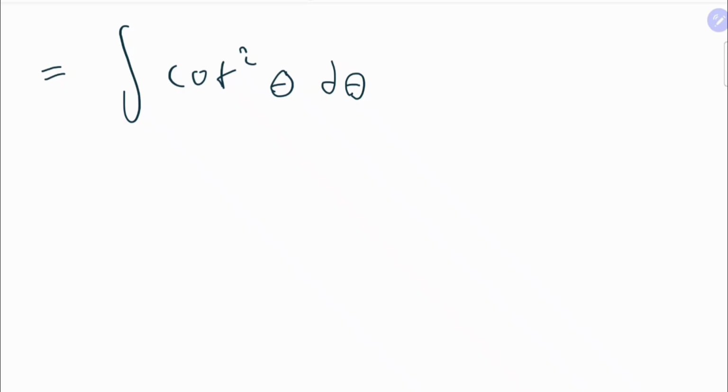So that means that cotangent squared theta, if it does behave similarly to the tangent squared theta, which it does, it should be equal to cosecant squared theta minus 1, because tangent squared theta plus 1 equals secant squared theta.